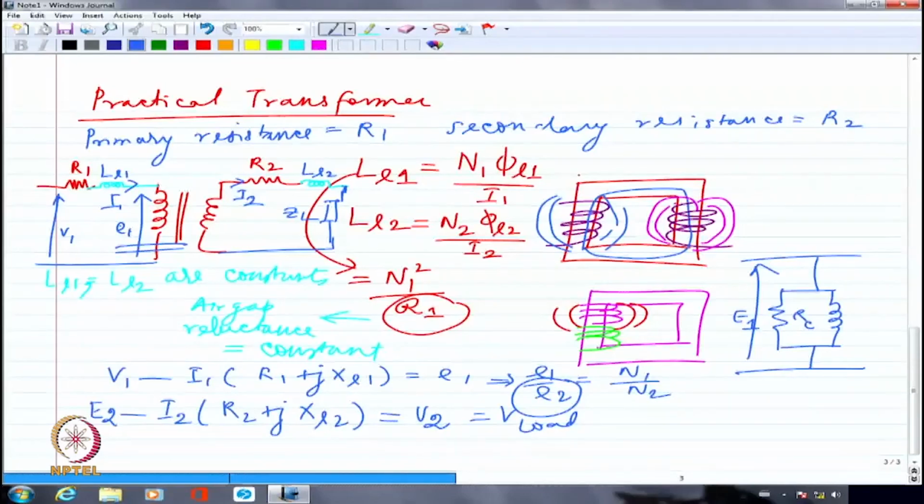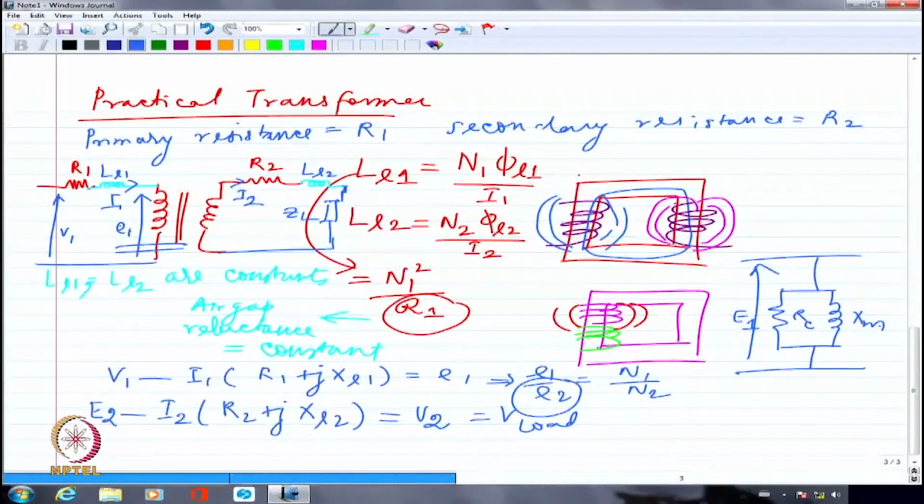So if that is so many watts, X watts or Y watts, we are essentially trying to arrive at some value of resistance which would be representing this amount of loss. So this is a fictitious resistance, and similarly this reactance is also a fictitious reactance.